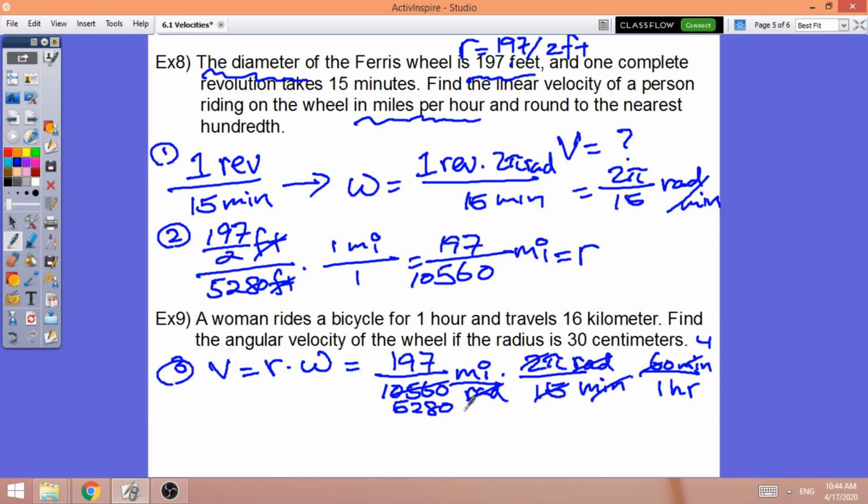It's going to be a very small number, actually. So it's 197 times 4 divided by 5,280. So eventually the answer is about 0.149 miles per hour.